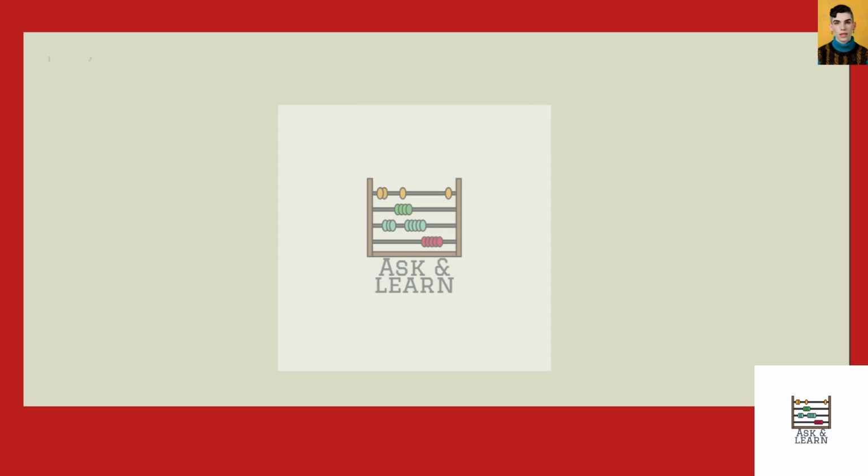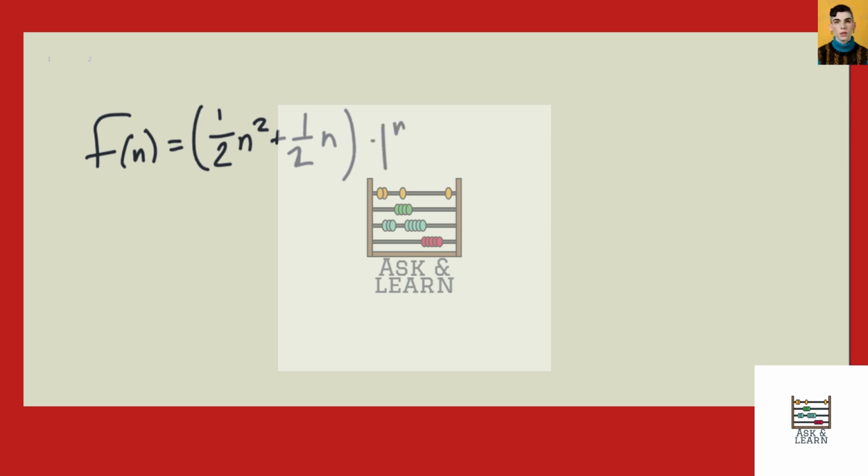So then we move on to the particular solution. We will set that equal to our 1/2 n squared plus 1/2 n, multiplied by 1 to the power of n. And this is a root. It's our only root.